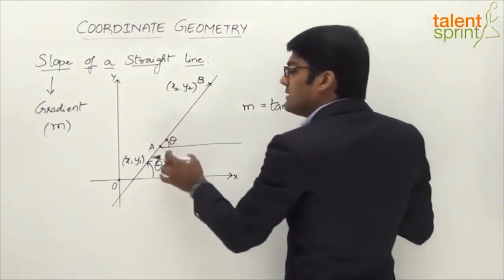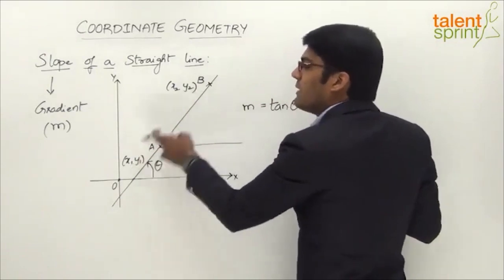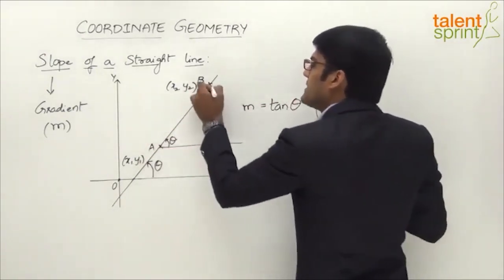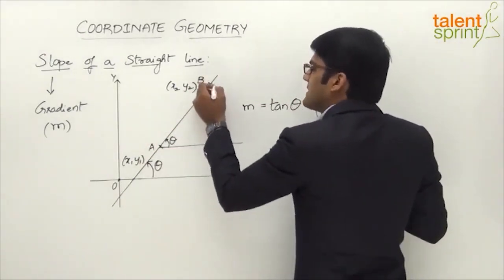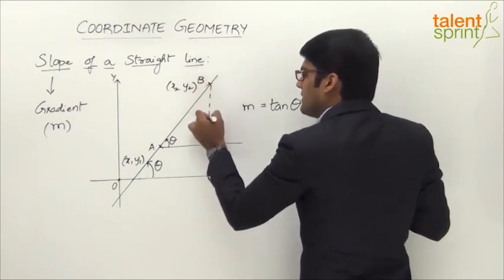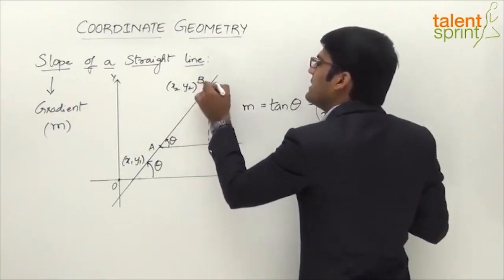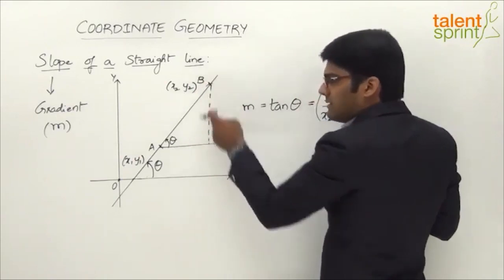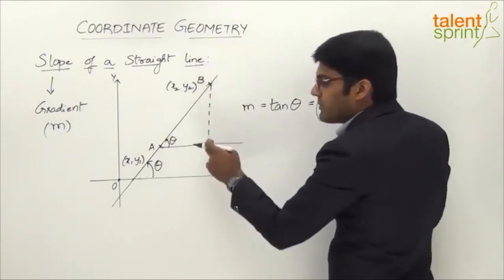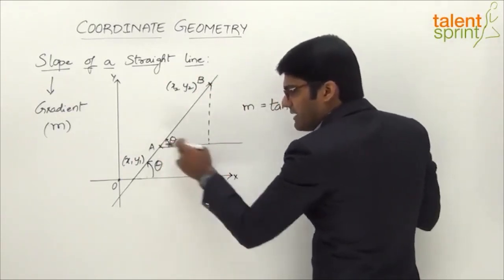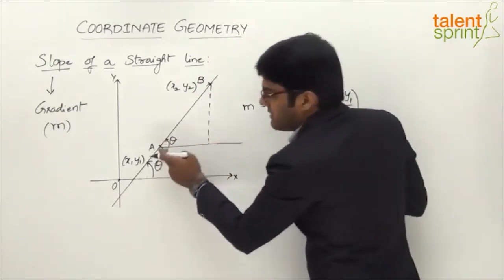Now if you look at the coordinates x1, y1, x2, y2, what do we see? Let's look at this vertical distance. If we drop a perpendicular here, what is this? This is y2. The vertical distance of point B is y2, and for point A the vertical distance is y1. Are you able to follow?